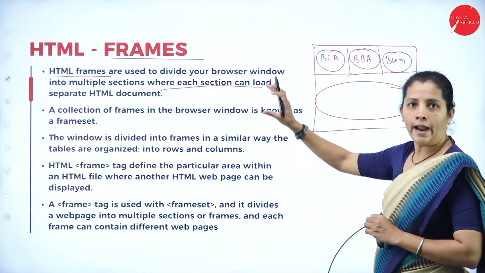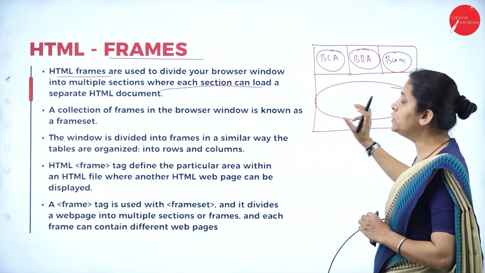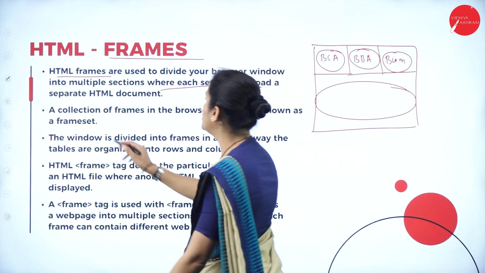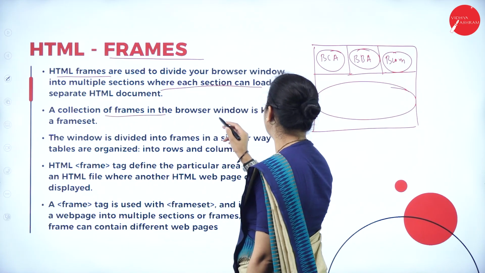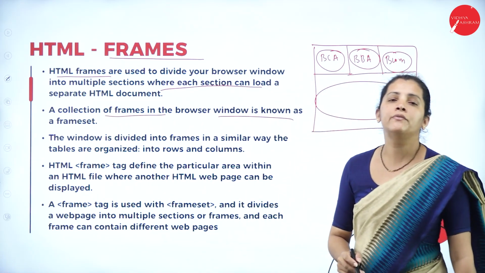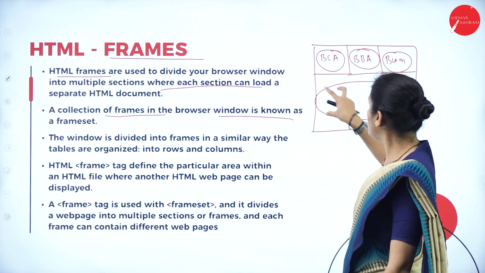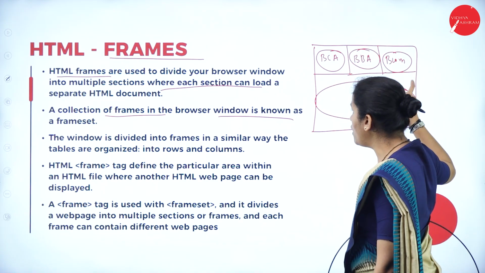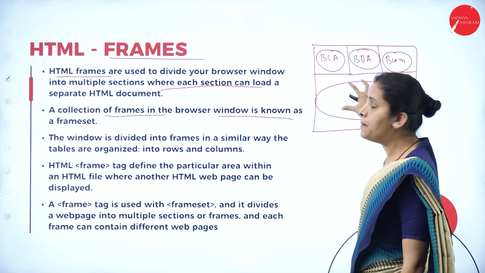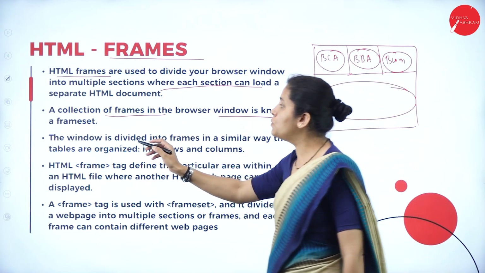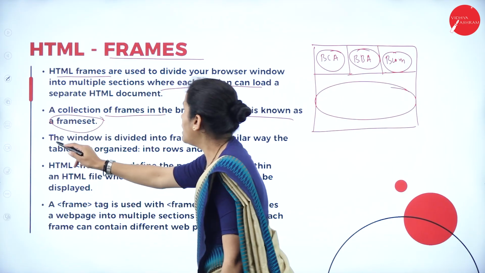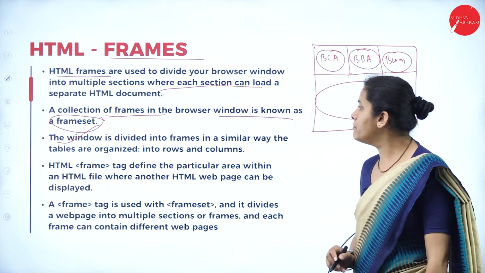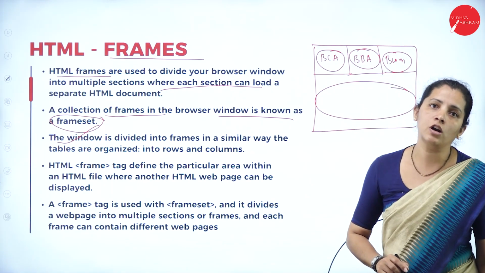A collection of frames in the browser window is known as a frameset. How many do I have? Four. The collection of frames is known as a frameset.